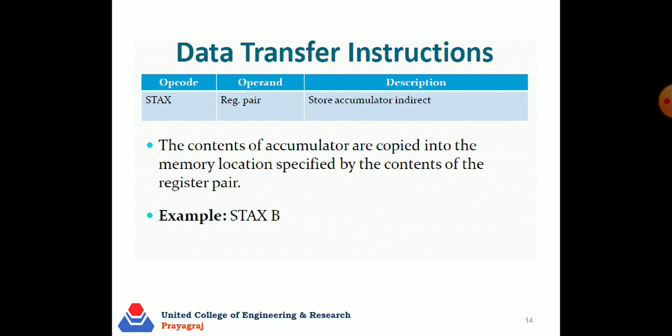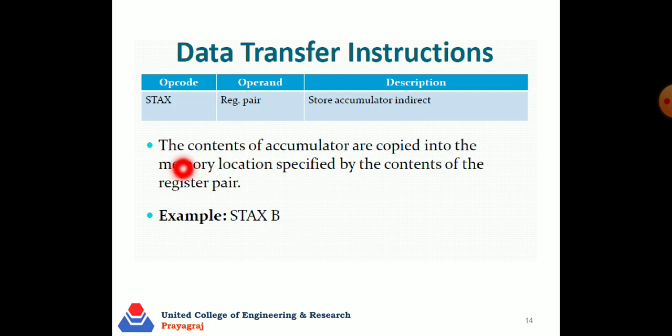Next, a similar instruction is STAX. As we told for the previous instruction, ST stands for store, A stands for accumulator and X stands for register pair. The register pair is B/D, as previously discussed. Store accumulator indirect.